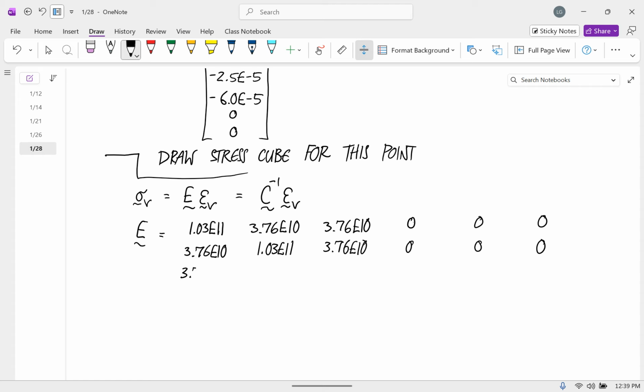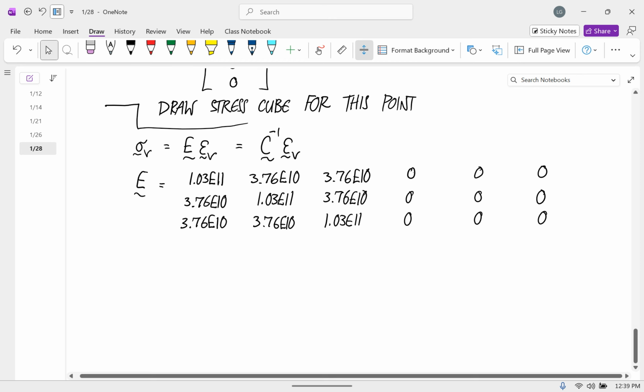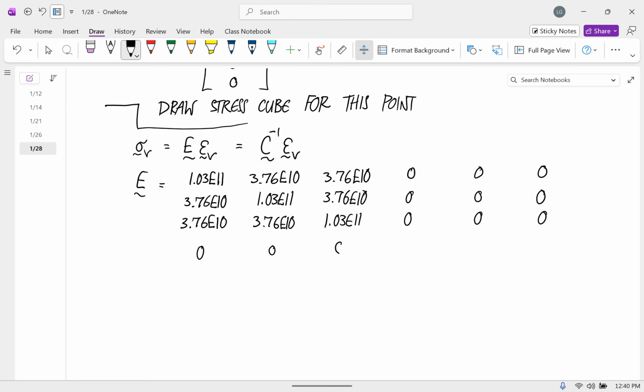Then we have 3.76 times 10 to the 10th, 3.76 times 10 to the 10th, 1.03 times 10 to the 11th, 0, 0, 0. And then we have 0, 0, 0, 3.29 times 10 to the 10th, 0, 0. And then move that value along.